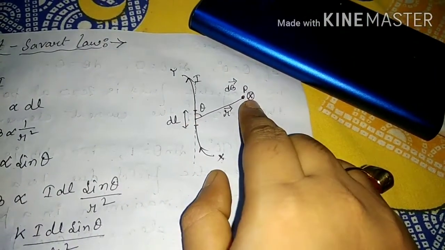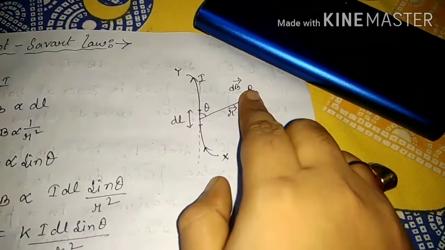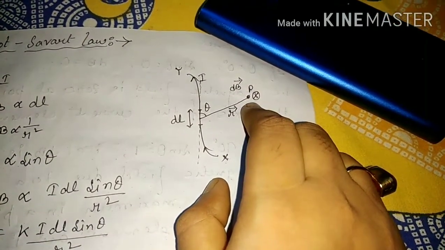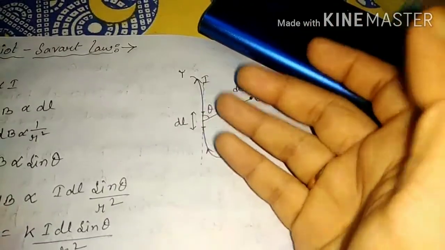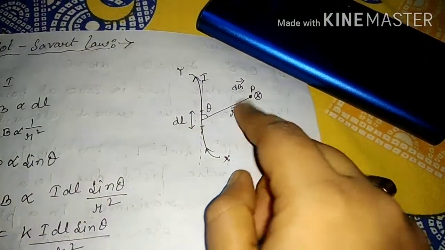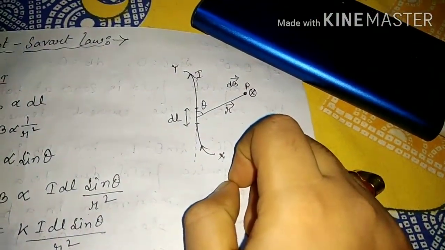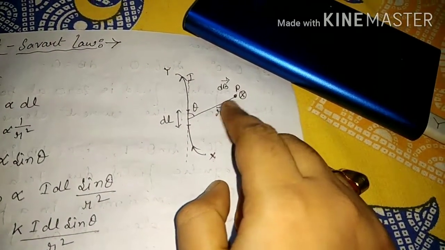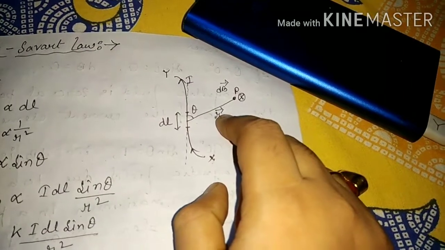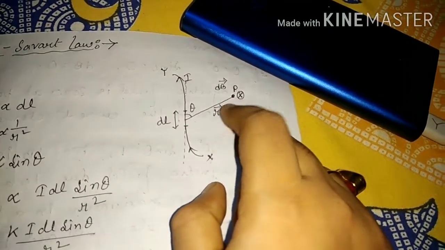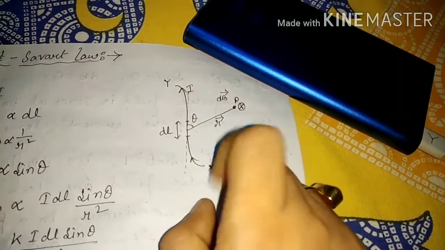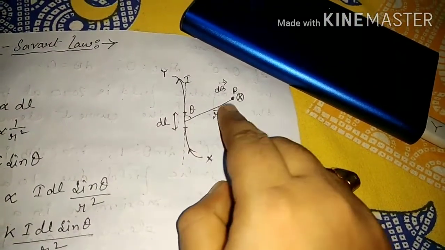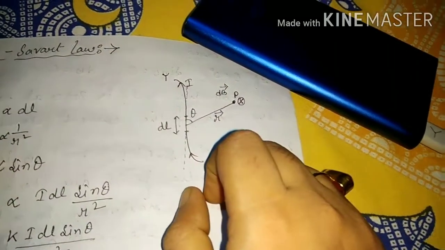At this point P we find the expression for the magnetic field dB. Here the vector r is the position vector of point P with respect to this current element, and the angle between the current element and this position vector is theta.